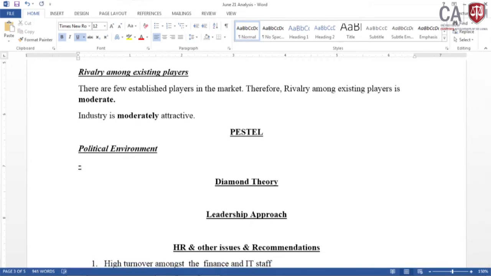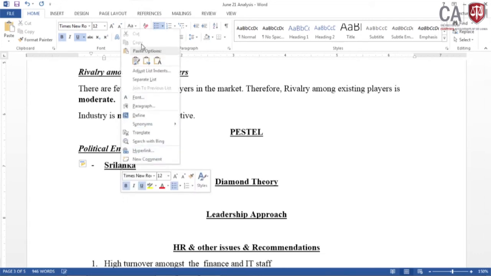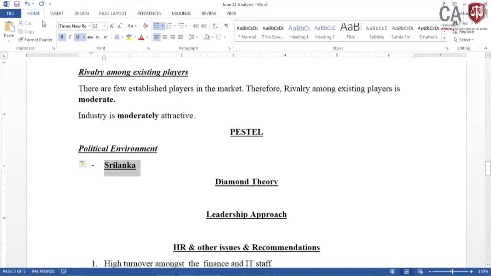What about stability? I think now we can't say Sri Lanka is a strong, stable country. What do you think? Sri Lanka is moderately stable.